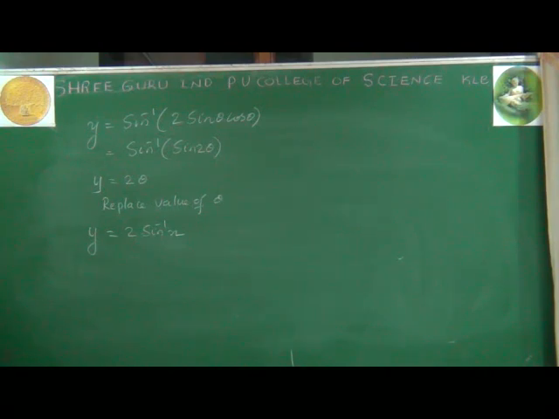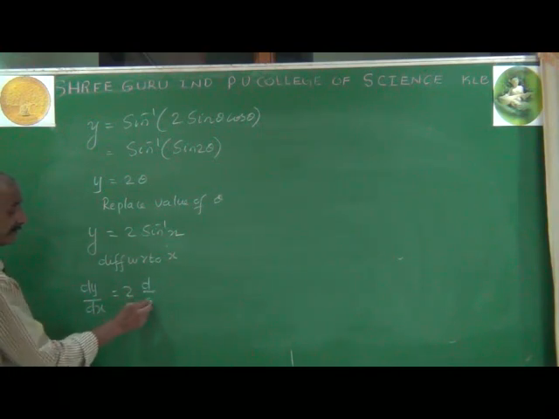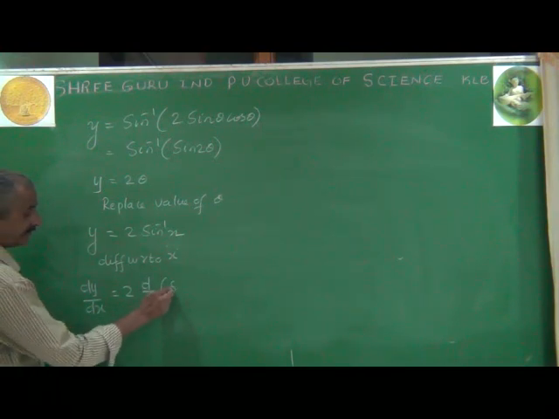Now you realize we transformed that biggest problem to the simplest form. Now differentiate with respect to x. Left side dy by dx, right side 2 outside because it is a multiplying constant, into the differentiation of sin inverse of x.